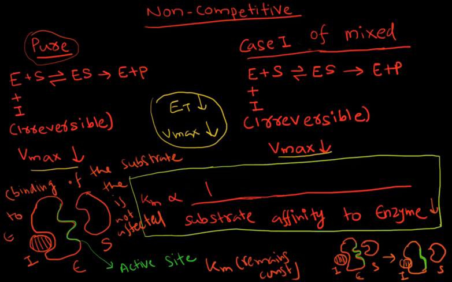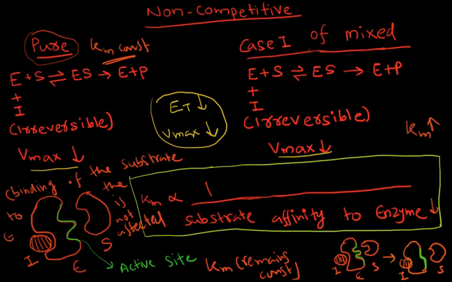Then what is going to happen to the Km? The Km is going up. So this is the situation. Here the Km remains constant in case of pure non-competitive inhibition.